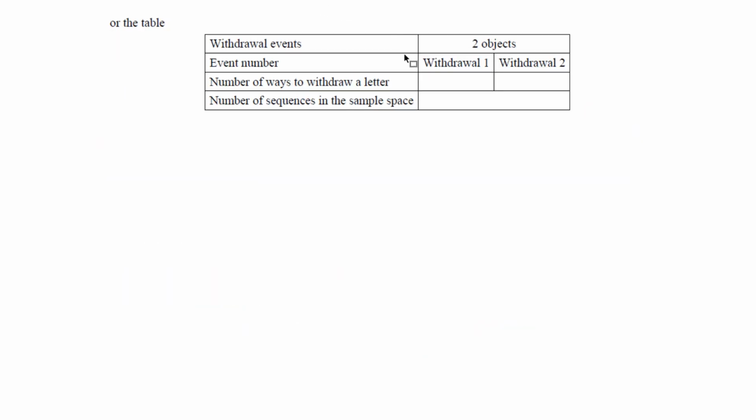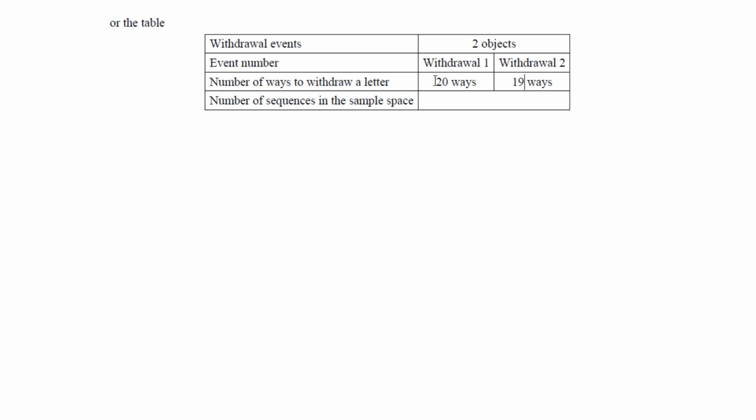We can find the total number of possible outcomes by using the table of withdrawal events. So we write this event in order: first withdrawal and second withdrawal. The first withdrawal can happen in 20 ways, and the second withdrawal can happen in 19 ways. So why are we reducing the number of objects here? Because we are withdrawing without return.